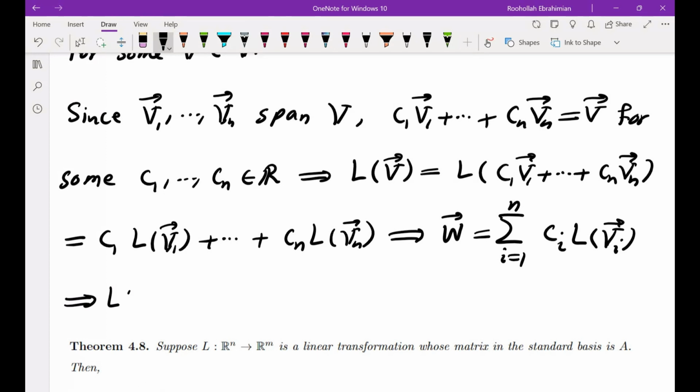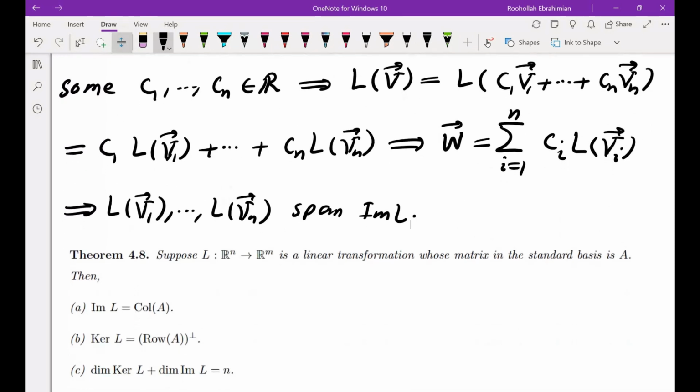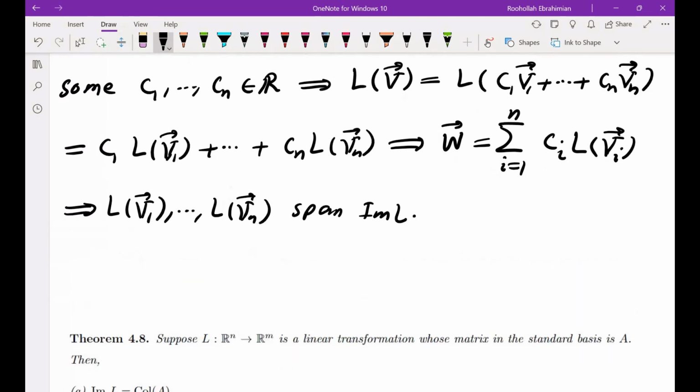So this means L of V1 through L of Vn span the image of L. Therefore, we found a basis of size n for the image of L. And this means the dimension of the image of L is the same as n. So we showed the dimension of the image is the same as the dimension of the domain. And that is exactly what we wanted to show. Just remember that this is only going to work when L is one-to-one.